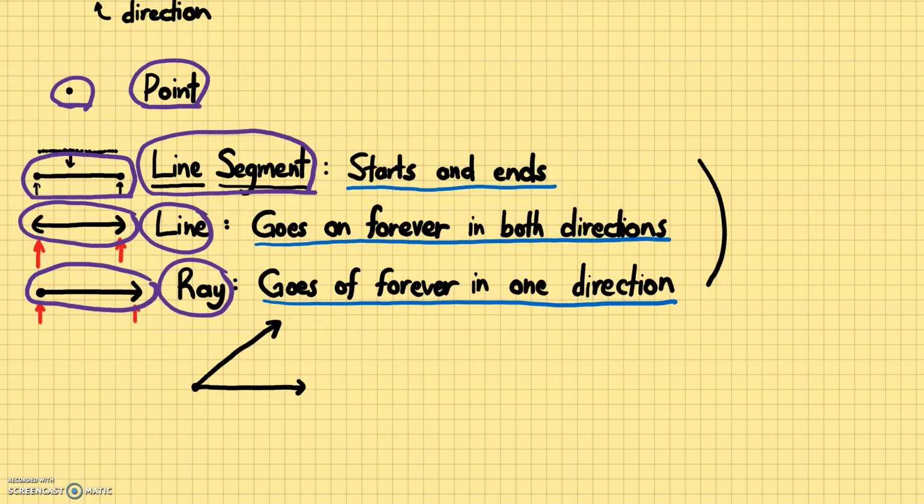By the way, these can go in any direction. So a ray can go like this, like this, or even like that, as long as it stops on one side and goes on forever on the other side.